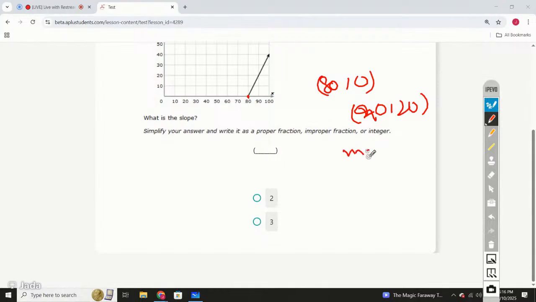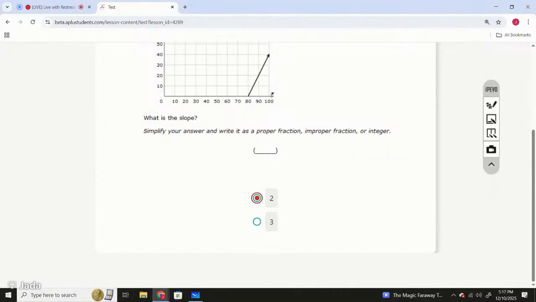So that is y2 minus y1, 20 minus 0 is 20, over x2 minus x1. That equals 2. Option number 1 is the correct option, that is 2.